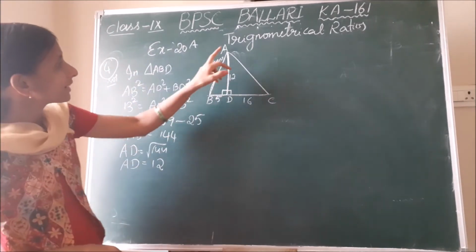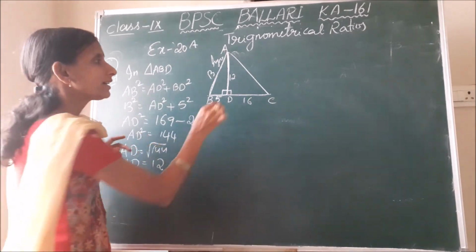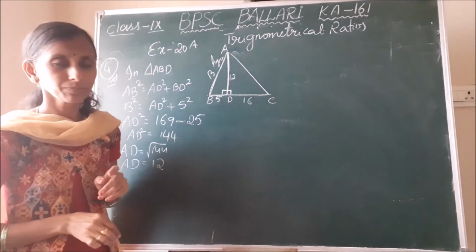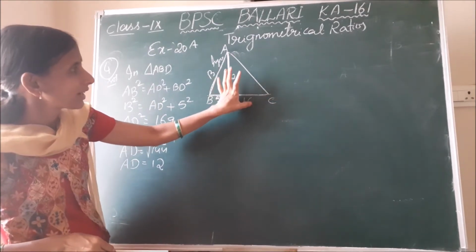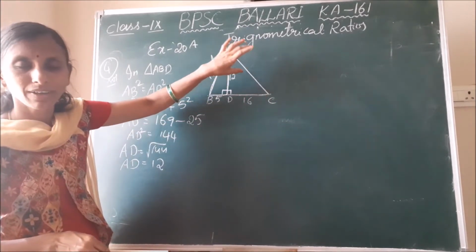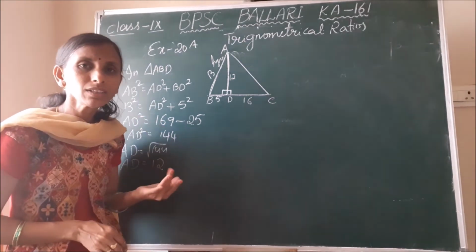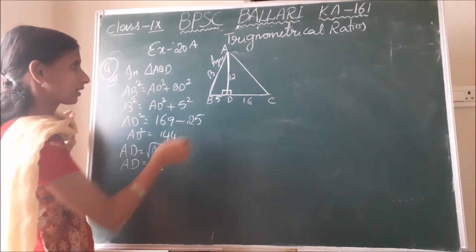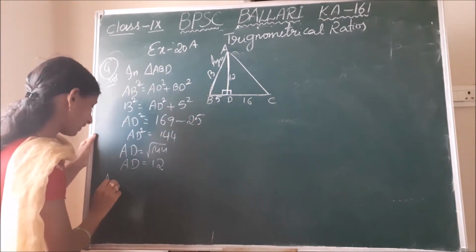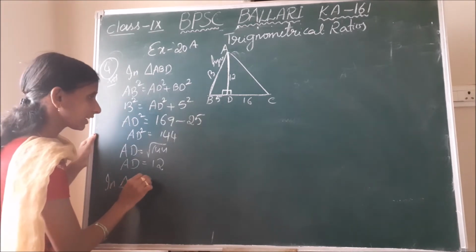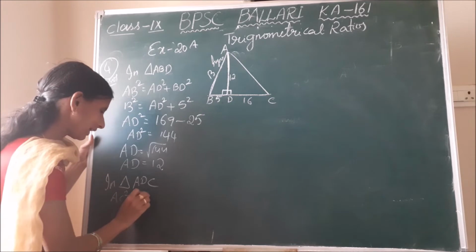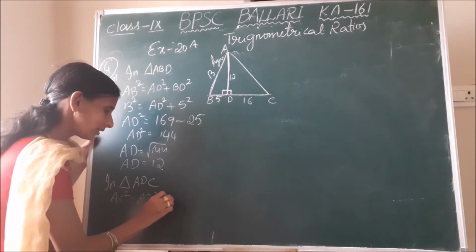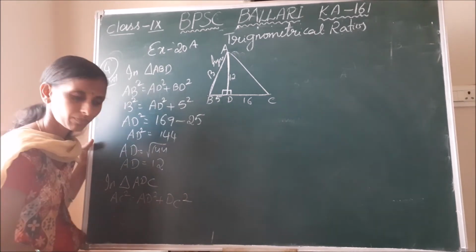Now you take the triangle ADC. Here it is a right angled triangle, so AC will be the hypotenuse. We know two sides of the triangle, so the third side we can find by using the Pythagoras theorem. In triangle ADC, AC square will be equal to AD square plus DC square.